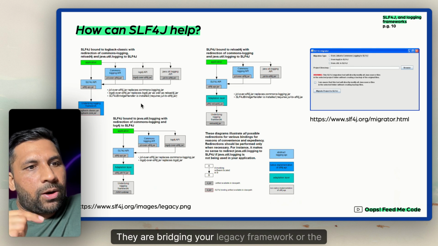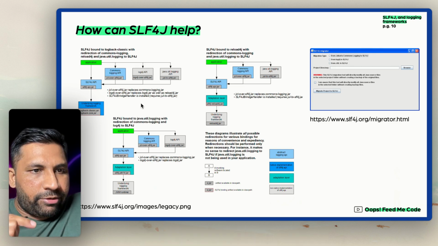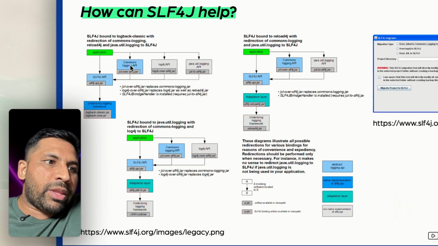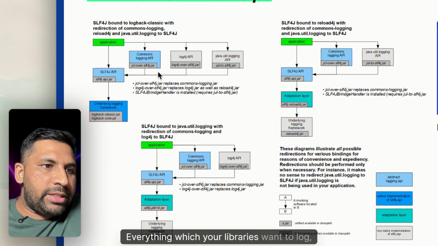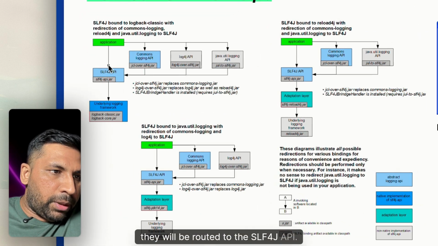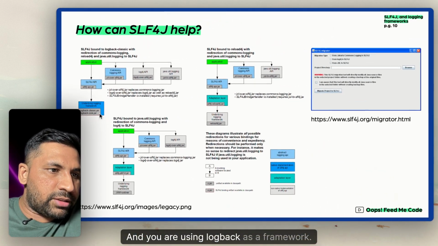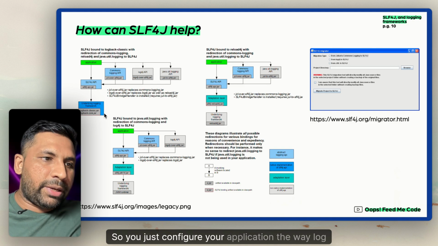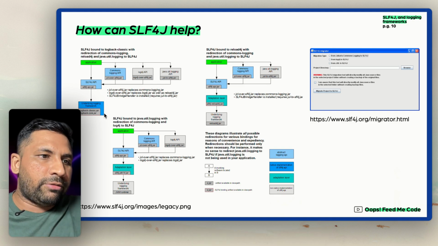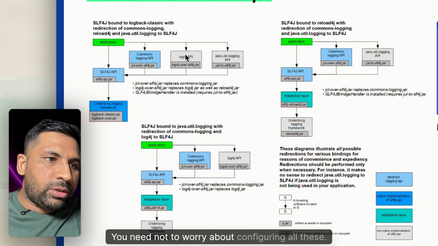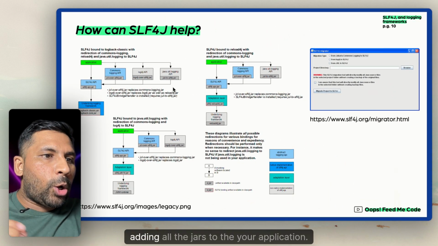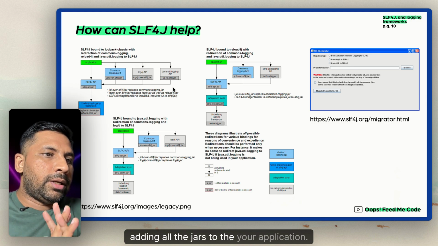They are bridging your legacy framework, or the framework which is used in your libraries. And what will happen? Everything which your libraries want to log will be routed to the SLF4J API, and you are using Logback as a framework. So you just configure your application the way the Logback framework needs to be configured. You need not worry about configuring all these, or adding all the jars to your application.